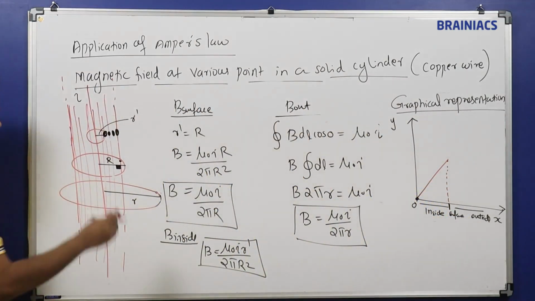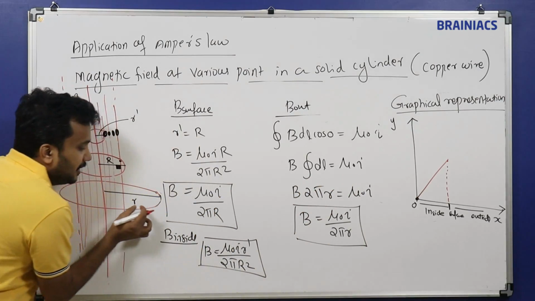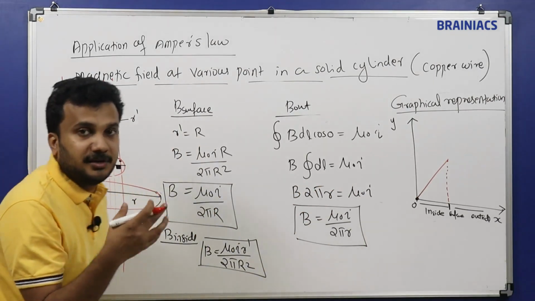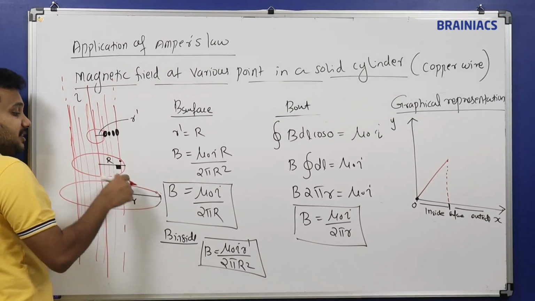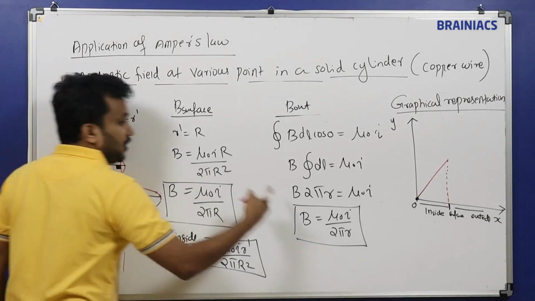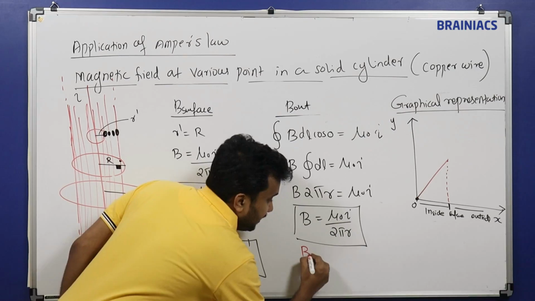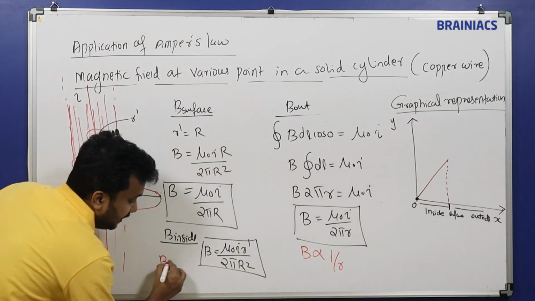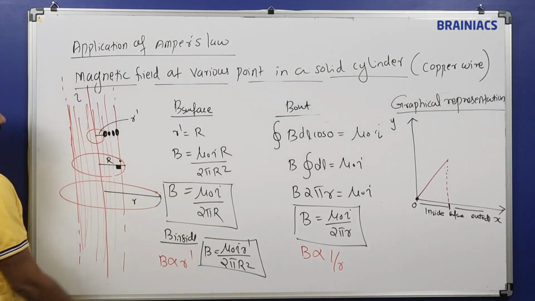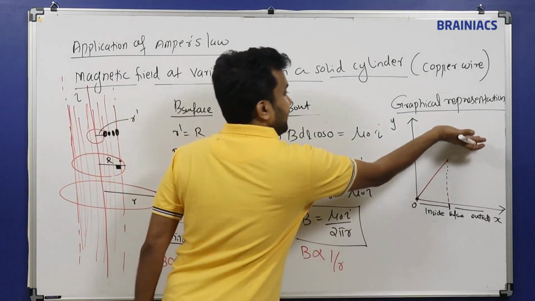After the surface, if you are going away further, your distance will be converted into r. Here you can see B is proportional to 1 by r. Inside, you can see B is proportional to r dash directly. That's why it is increasing.